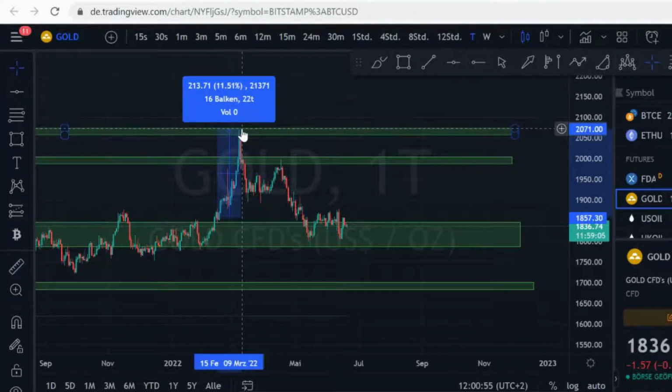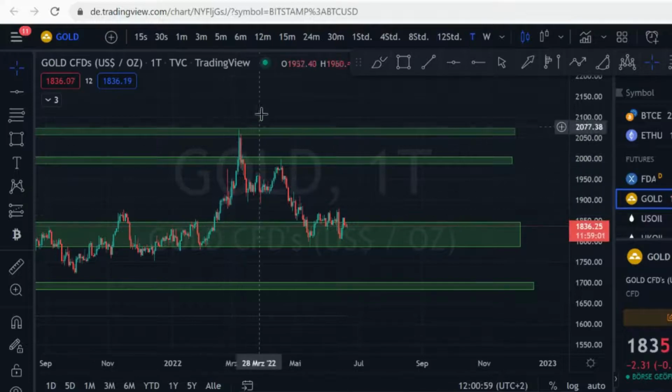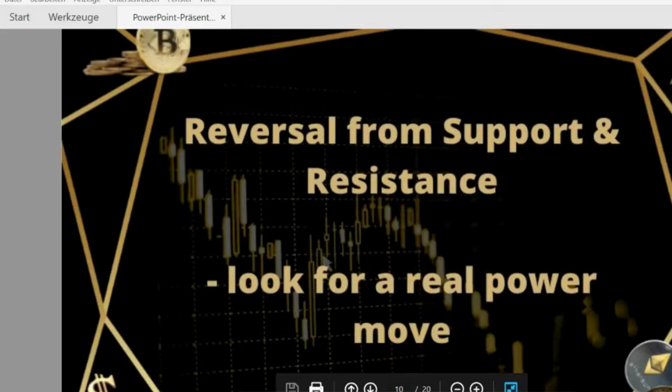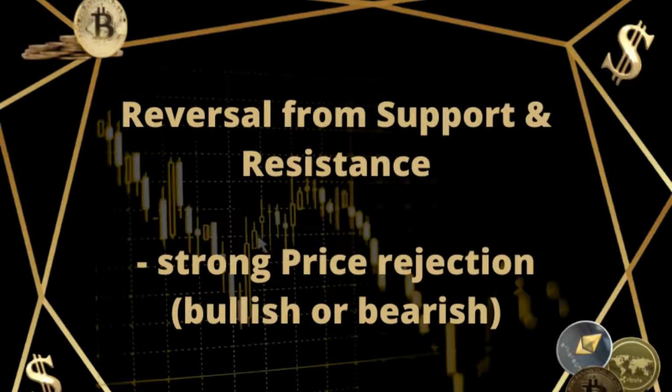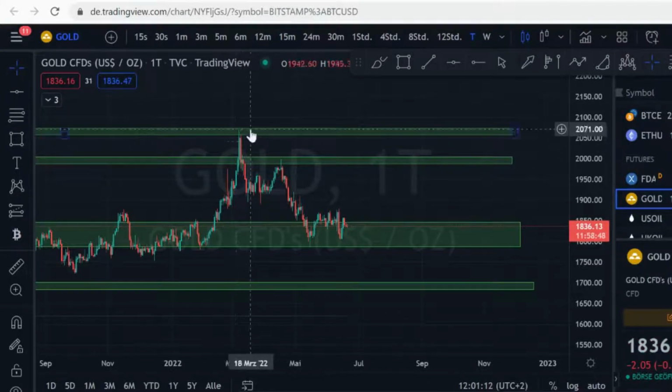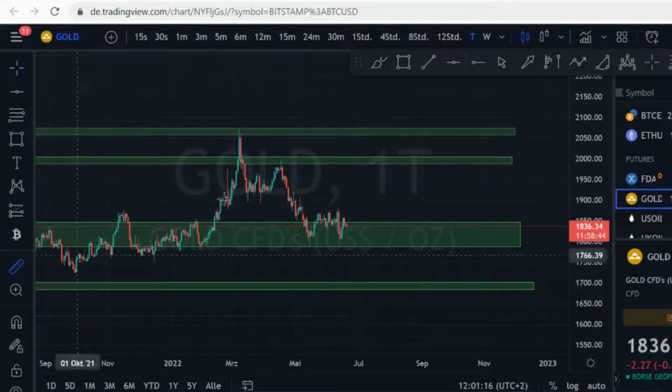11% in just 2 weeks. That is a strong uptrend, a strong move. And after that, we want a strong price rejection, whether it's bullish or bearish. So here it came to this level and boom, got a strong rejection.